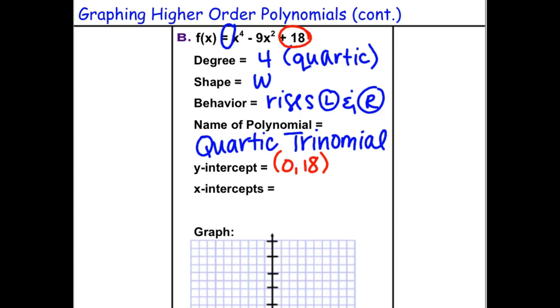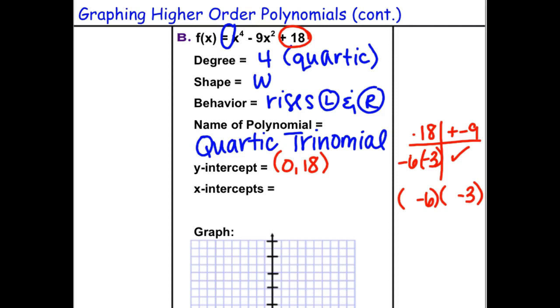X-intercepts, now we have 3 terms, therefore I can use a t-table. You need to multiply to 18 and add to negative 9. And I recognize that if I need to multiply to a positive, they need to both be negative. And negative 6 plus negative 3 does give me negative 9. That means that in my 2 binomials, I have negative 6 and negative 3.